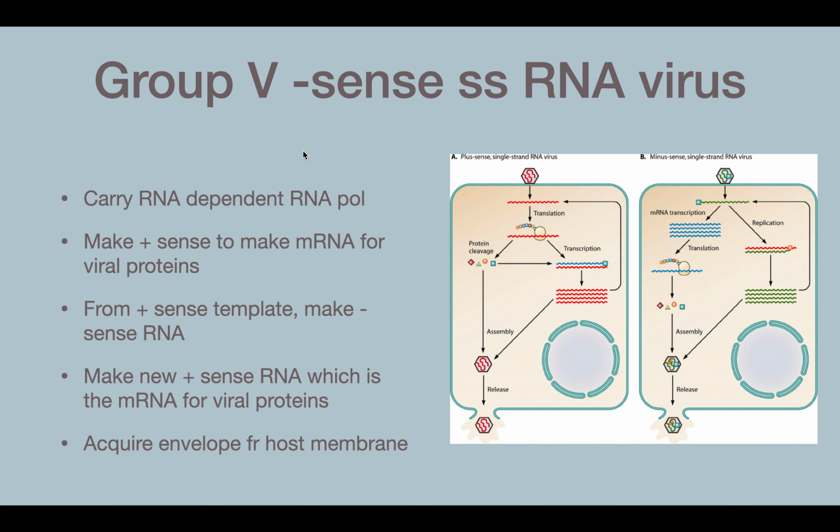Okay, so in group 5, there's going to be the negative sense single-stranded RNA virus. These are going to carry its own stuff. It's not a positive strand, so it needs to carry its own stuff. So anything that's negative sense can't attach directly on the ribosome, so it has to carry its own machinery. It makes the positive sense strand, thanks to the negative sense strand, to make the mRNA for the viral proteins, and then from the positive sense template, it's going to make the negative sense RNA.